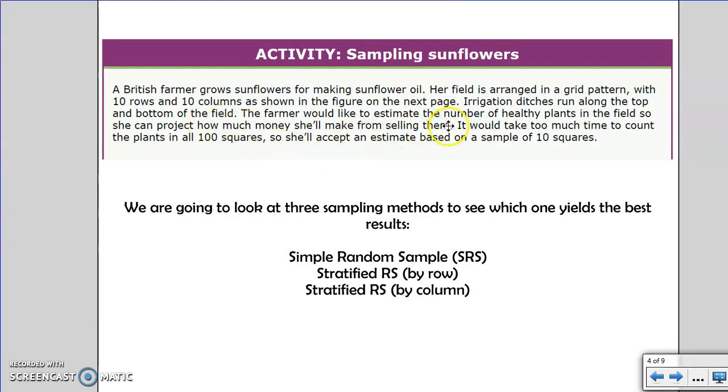And she wants to estimate the number of healthy plants in the field so she knows how much money she'll make from selling them. She obviously doesn't have time to count all the plants in all 100 squares, so she wants you to calculate an estimate of the number of plants just using a sample of 10 squares. So we're going to look at 3 different methods.